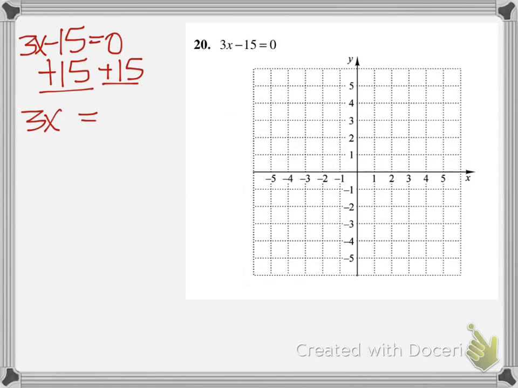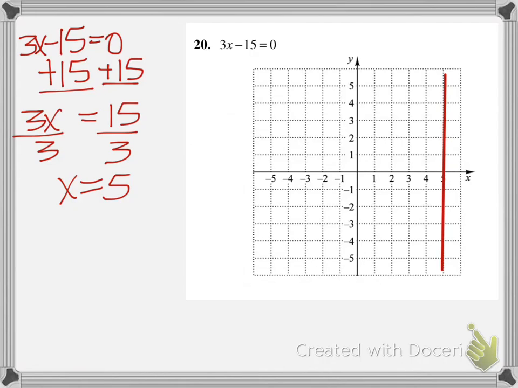So 3x equals 15. Divide by 3, so x equals 5. So it's going to be a vertical line through 5. And that would be our graph for that equation.